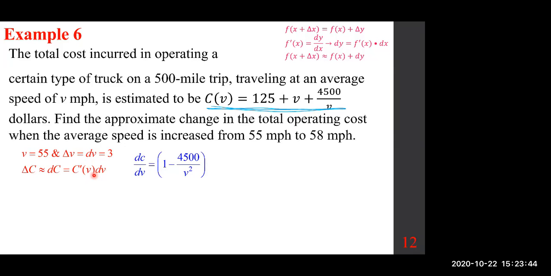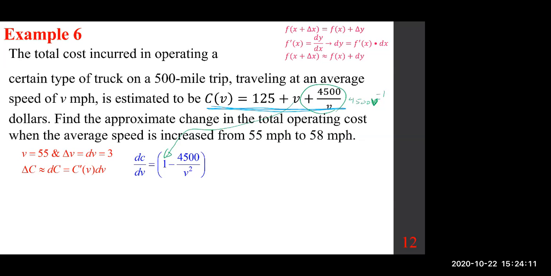And by the way, class, your independent variable is V. So that gives you 1. And this one, you can write it as 4,500 V to the power of -1.